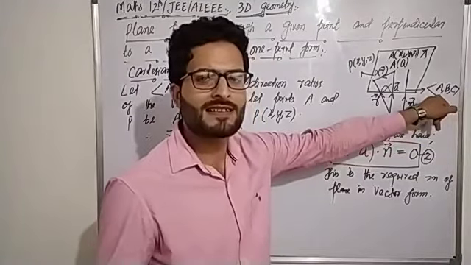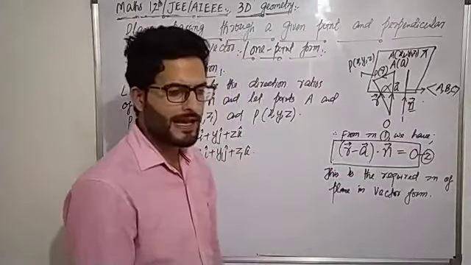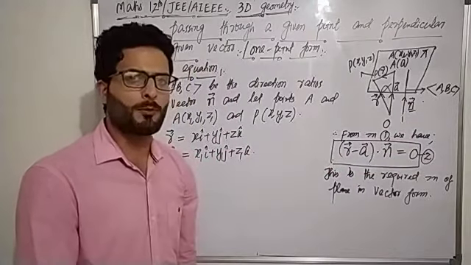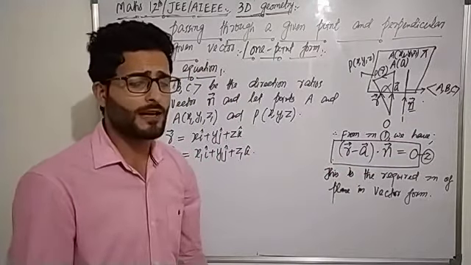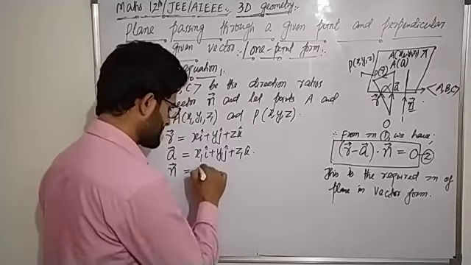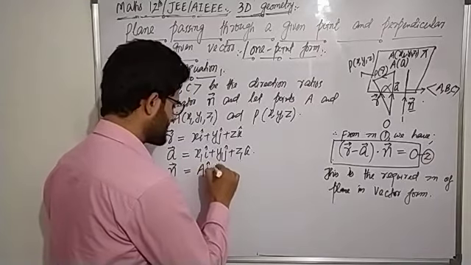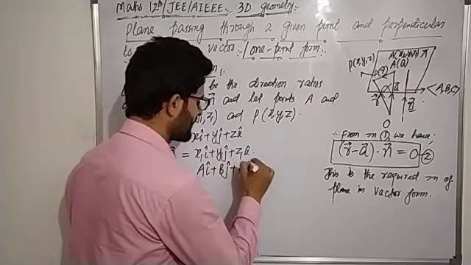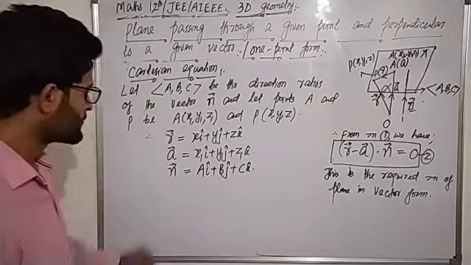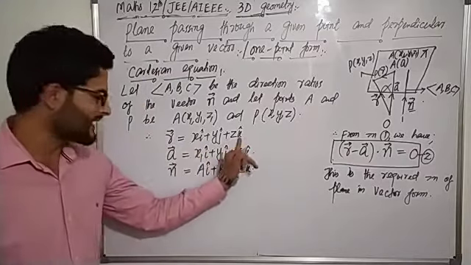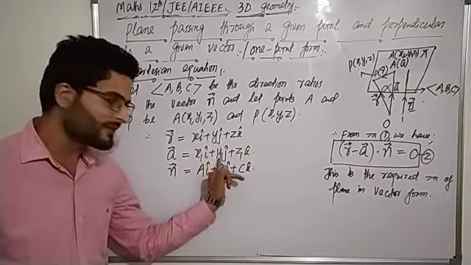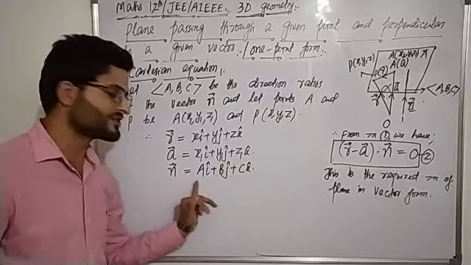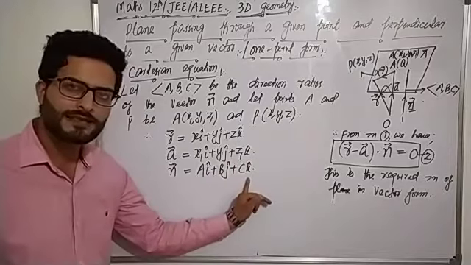मीन्स n वेक्टर हैज द स्केलर कंपोनेंट्स abc। अगर n वेक्टर के स्केलर कंपोनेंट या डायरेक्शन रेशियो abc हैं तो वेक्टर क्या बनेगा, ai प्लस bj प्लस ck, राइट। So R vector is xi plus yj plus zk, A vector is x1i plus y1j plus z1k, and n vector is ai plus bj plus ck.